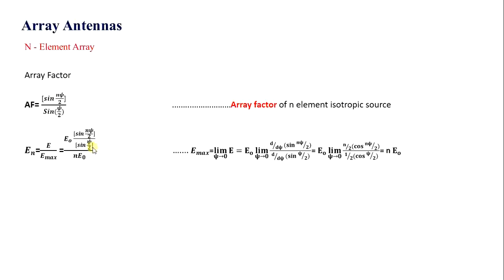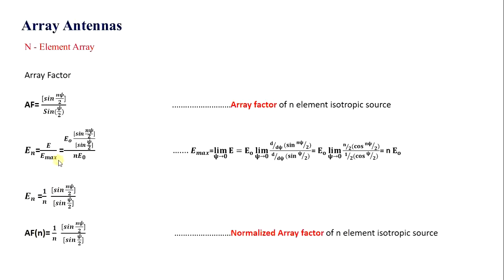According to this rule, the numerator and the denominator can be differentiated separately under the limit psi tending to 0. By applying the L'Hospital rule, we calculate E max, and it is equal to n E naught. So to calculate the normalized electric field, putting the value of E and E max, we get the normalized electric field as 1 upon n into sin n psi by 2 divided by sin psi by 2.